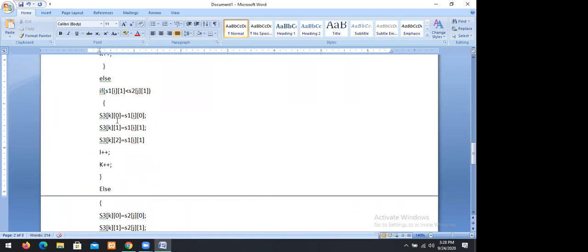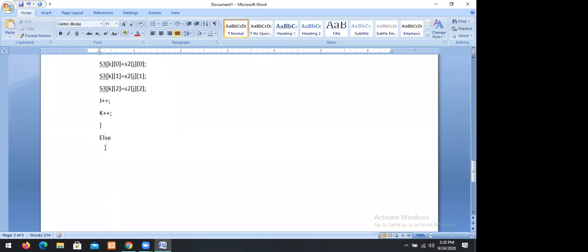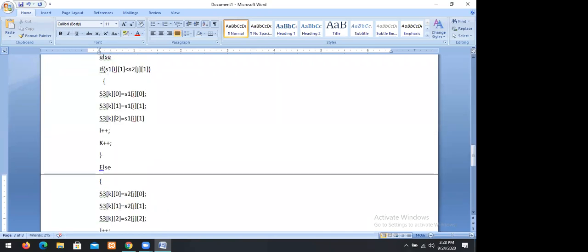Else, if the first matrix column is not lower, then the second matrix column is copied into the result. So if rows are not equal, if S1 of ith row 0th column is less than S2 of jth row 0th column, then we have to move the first matrix.